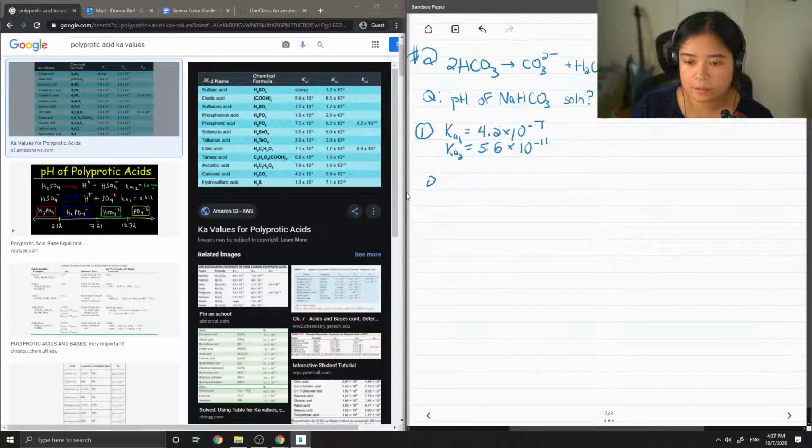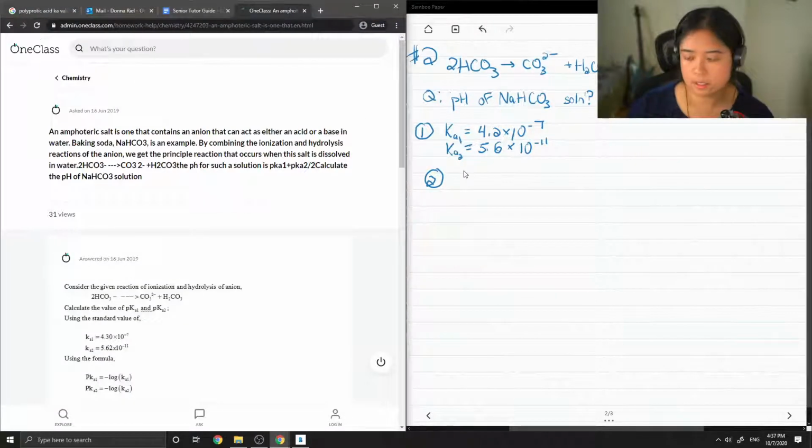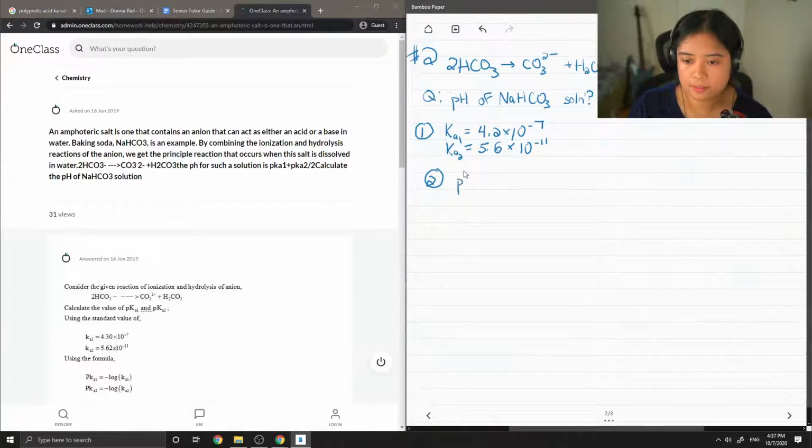Okay, so after we found our Ka values, we go back to the question. Now we want to calculate pKa. pKa can be calculated using the following equation, where pKa is equal to the negative log of our Ka value.